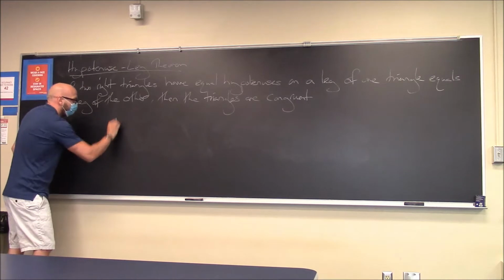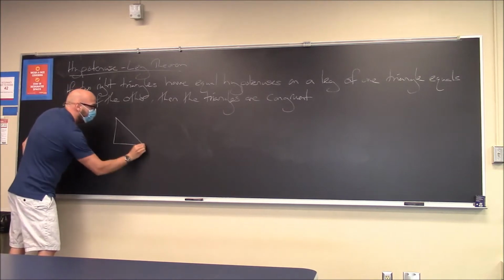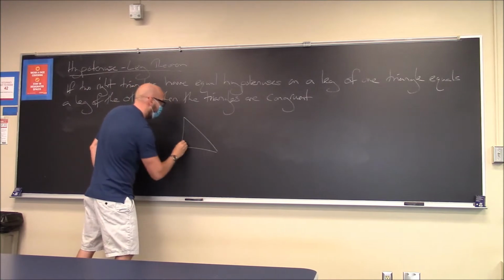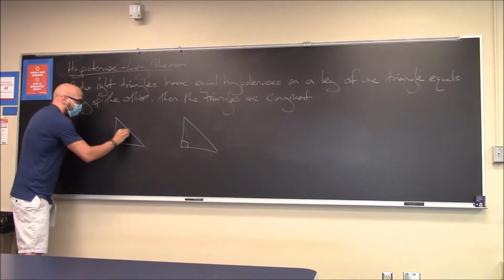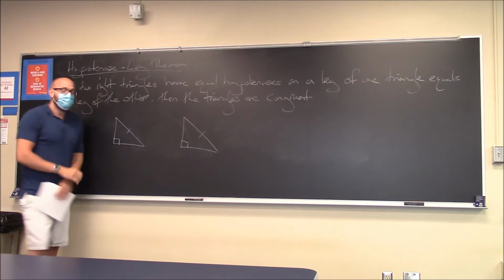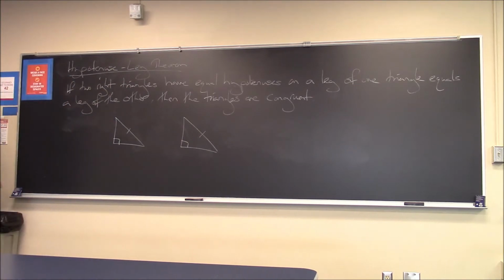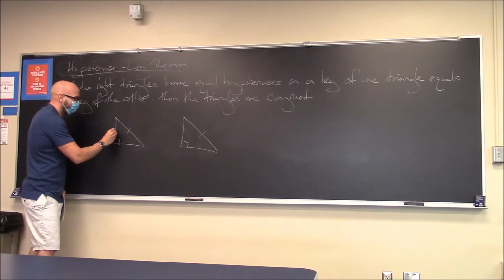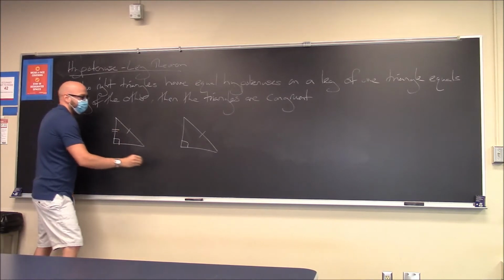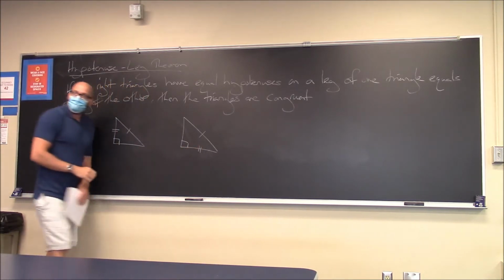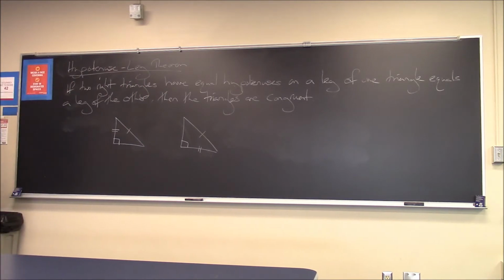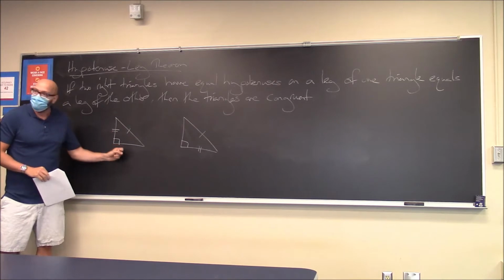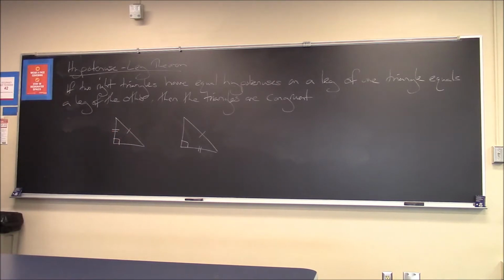Alright, so all this is saying is if I have two right triangles, where the hypotenuses are the same length, and I know that one of these legs has the same length as another leg, I'm not even going to draw the same legs there, then they must be congruent, which means for right triangles, SSA is actually a condition, right?